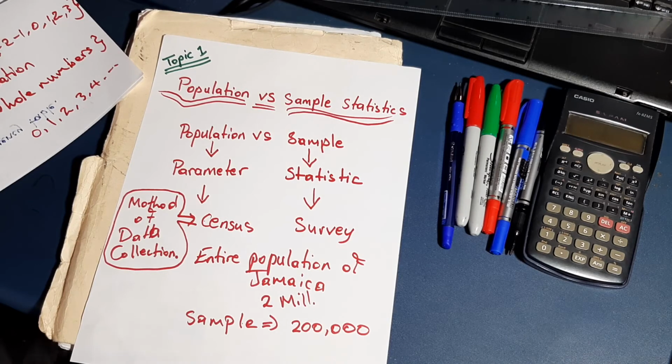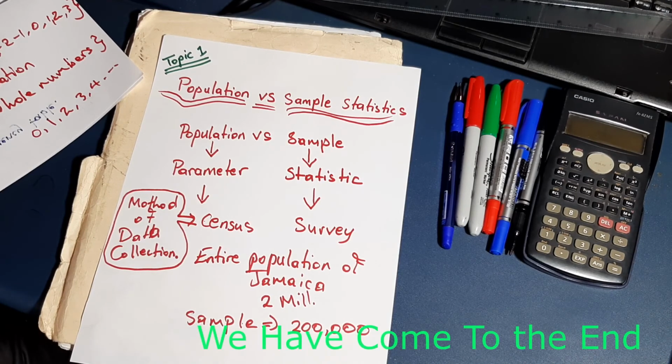Calculating a feature of the population is called a parameter; calculating a feature of the sample is called a statistic, not statistics. The method of data collection on the population is called a census, and on a sample it is called a survey. Hopefully you understand the examples that I gave.